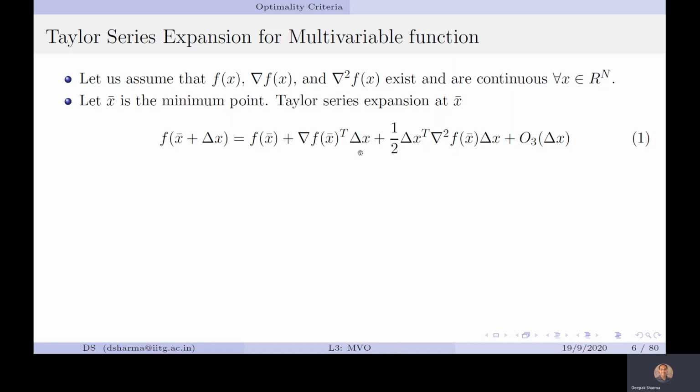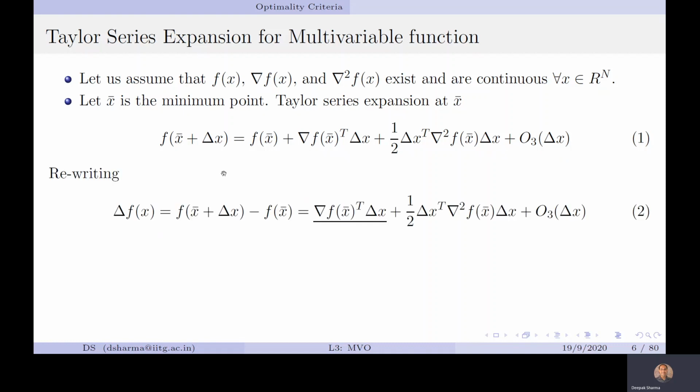So the vector transpose times the delta x vector is nothing but a dot product. Similarly, another term is half times delta x transpose, the Hessian of the function, then delta x, plus the third term. Now let us rewrite this equation.